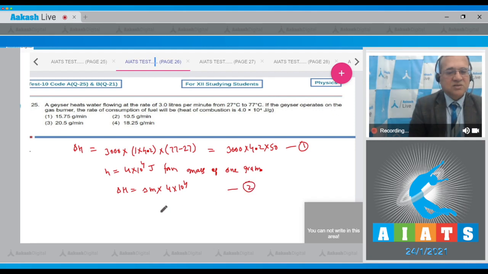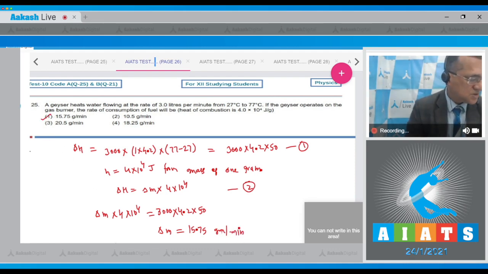So equate these two, you'll get the mass burnt per minute. So delta M into 4 into 10 to the power 4 is equal to 3000 into 4.2 into 50. You get the mass in gram. So delta M comes to be 15.75 grams, and that is obviously per minute. So the answer to this question is the first option. Answer is 1 to this question.